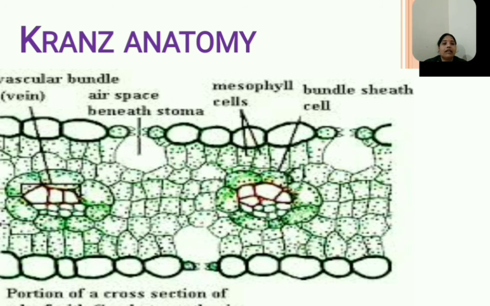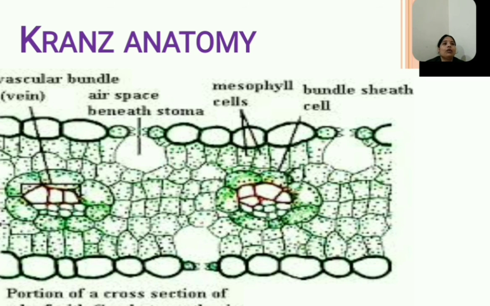So here, the diagram: T.S. of leaf showing Kranz anatomy. The upper layer is known as the upper epidermis. Below the upper epidermis, small cells compactly arranged are known as mesophyll cells with granal chloroplast. So the green colored compactly arranged cells are the mesophyll cells, and in the mesophyll cells granal chloroplast is present.